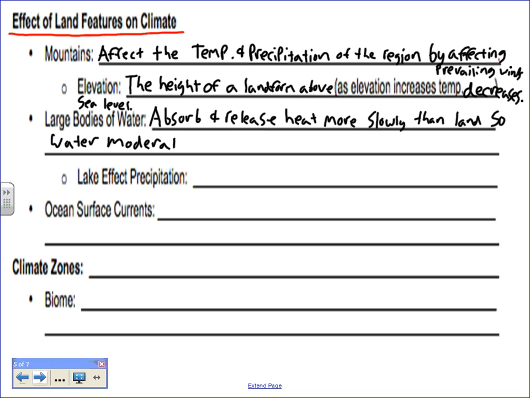It's the one that affects the climate. So large bodies of water, we're talking about oceans. That's going to have a greater effect on the climate than the land because it has, again, a greater specific heat. We talked about specific heat last unit, and the greater the specific heat, the more energy it can absorb or release.